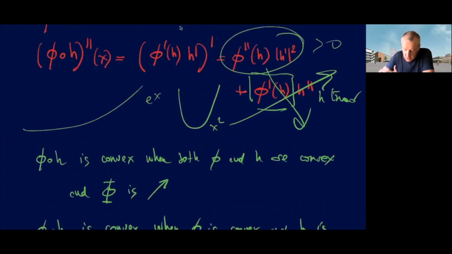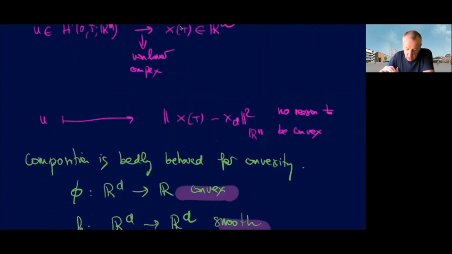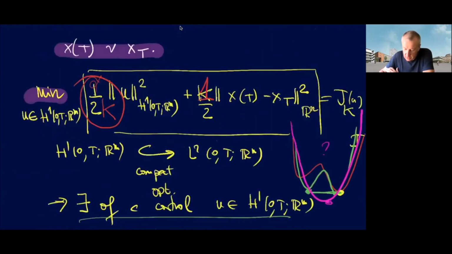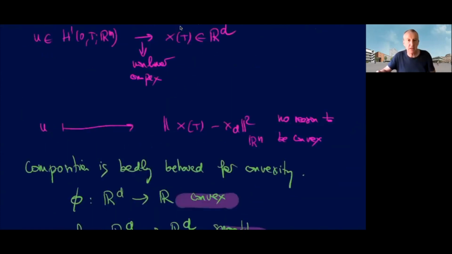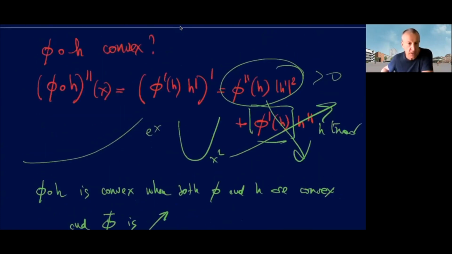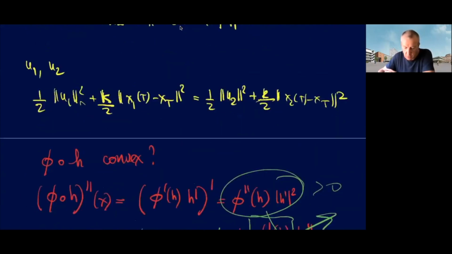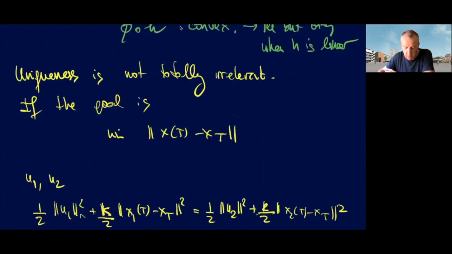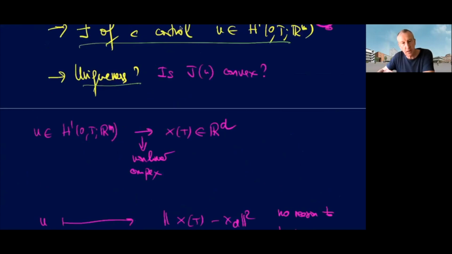And of course, this evaporates as soon as I am dealing with a nonlinear differential equation, because I will not know whether the dependence of the solution on the control will have any kind of monotonicity property, and this is very unlikely. So typically, you can apply the optimal control approach and get an optimal control.